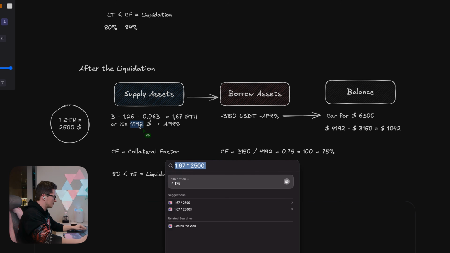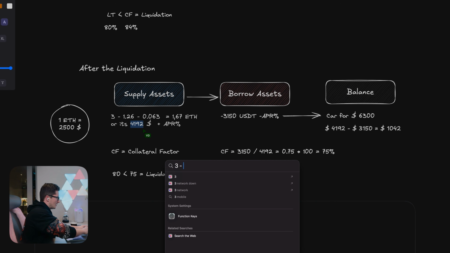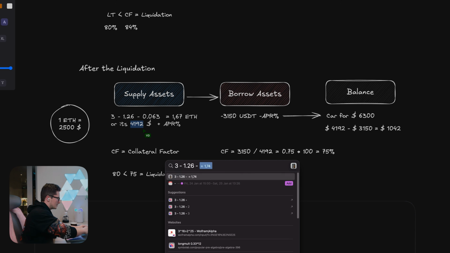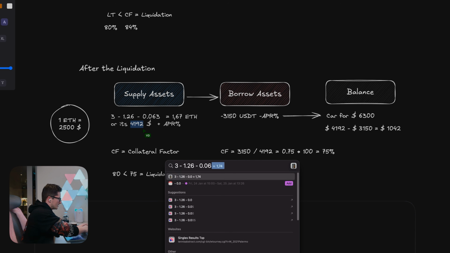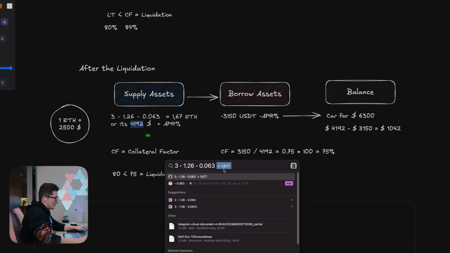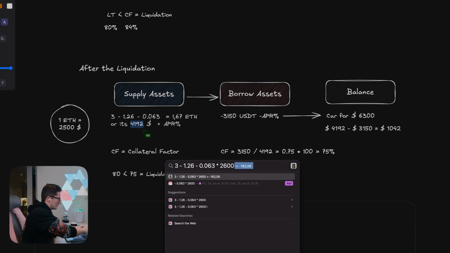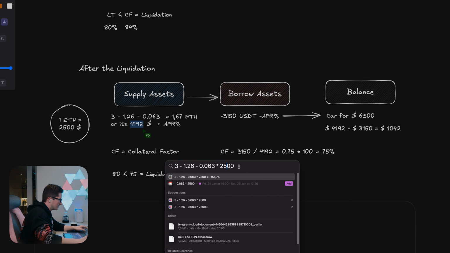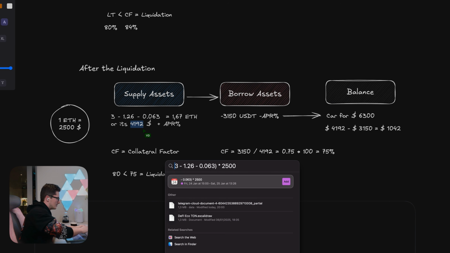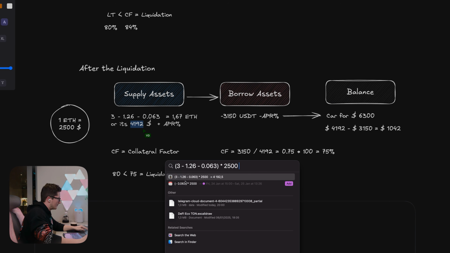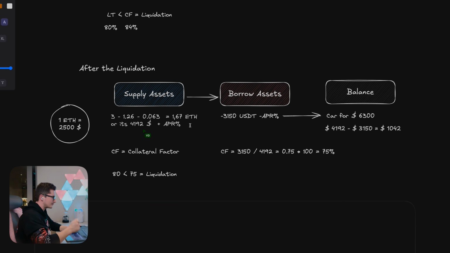I just put in a bit of a small difference here. We can change it. Let's double check it: 3 minus 1.26 minus 0.063. It's going to be 1.677, and then times 2,500, and in total, let's add here, that's what we will have in total: 4,192, just to be sure, plus some APR, of course.